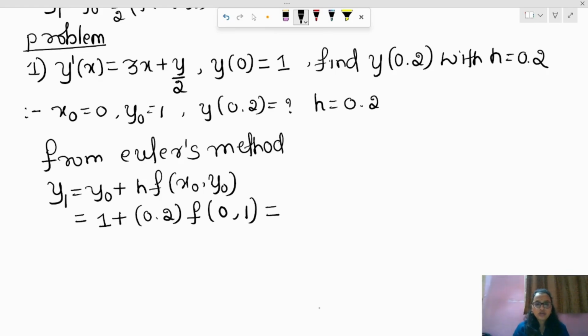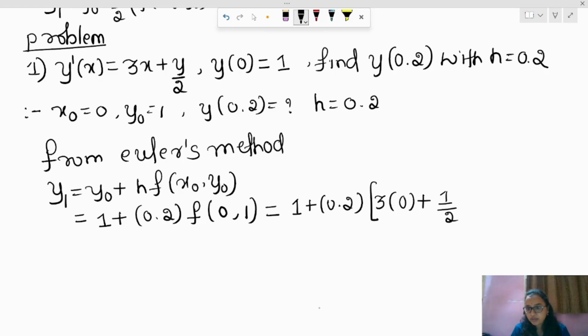So you have to substitute in y dash of x, because we have defined the general equation as y dash of x equals f of x comma y. This together gives 1 plus 0.2 multiplied by f of x comma y, which is given as 3x, where the value of x is 0, plus y divided by 2, and the value of y is 1.